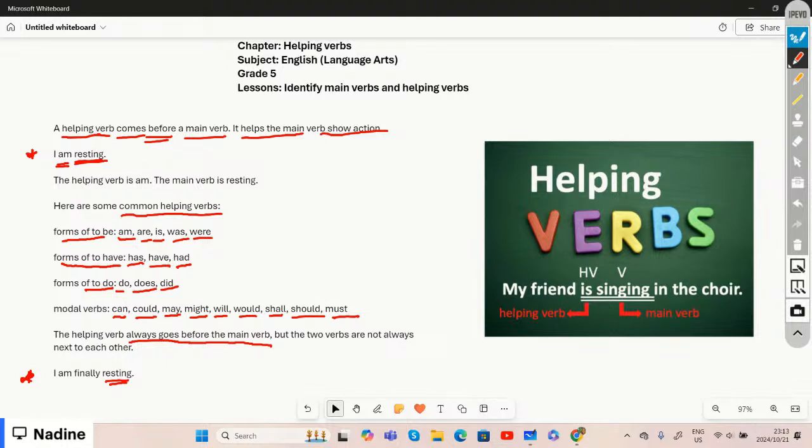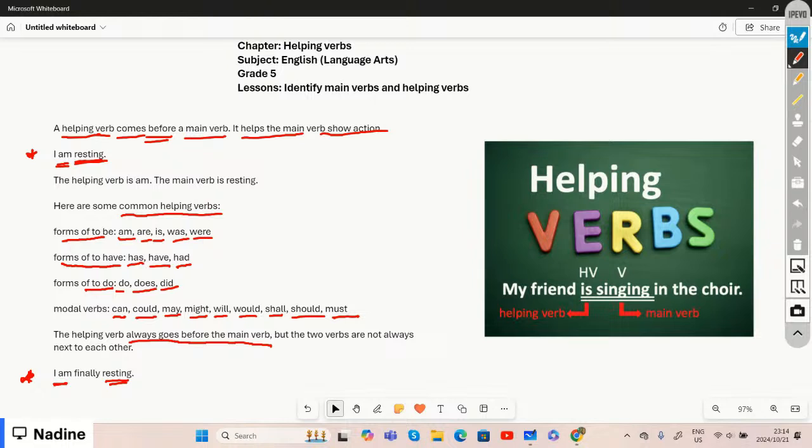If you look at the word before, finally is not the helping verb. So before finally, am is our helping verb. But remember, am is still before resting.